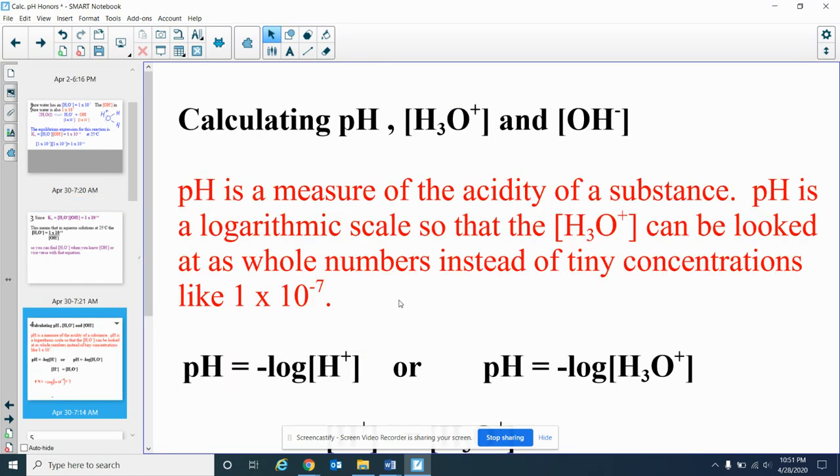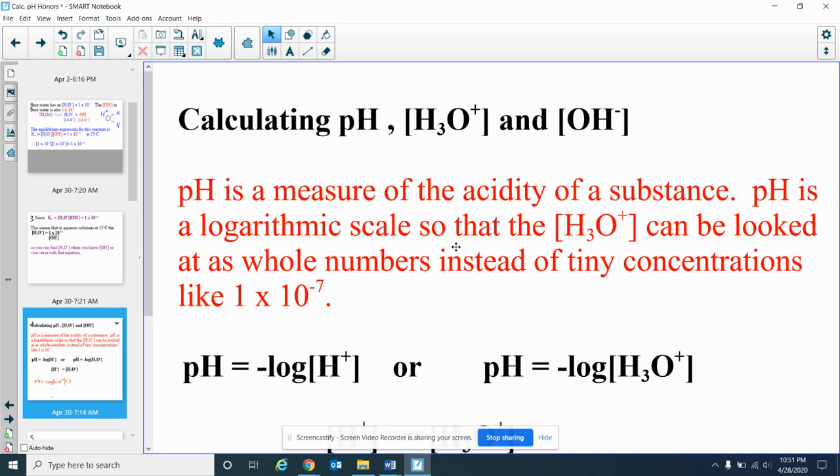So to calculate pH, we will be using the H3O plus concentration, and the equation for that is a logarithmic scale. pH is minus the log of the H plus or H3O plus concentration.